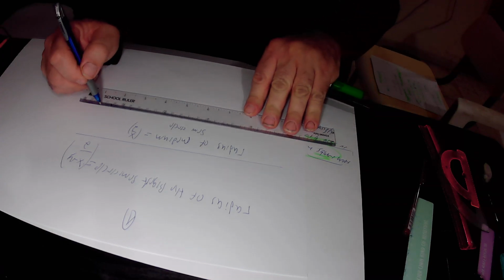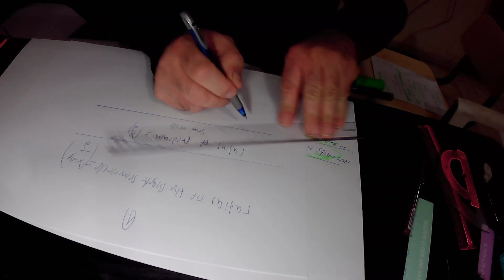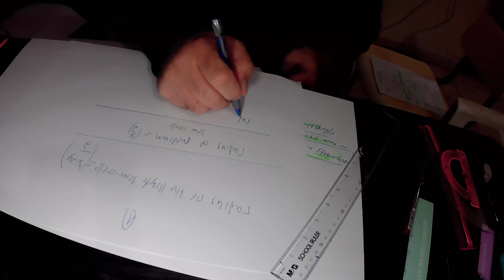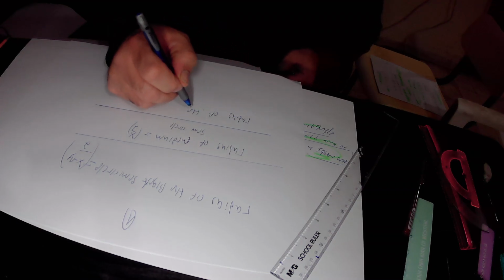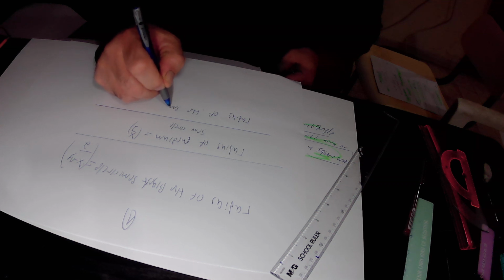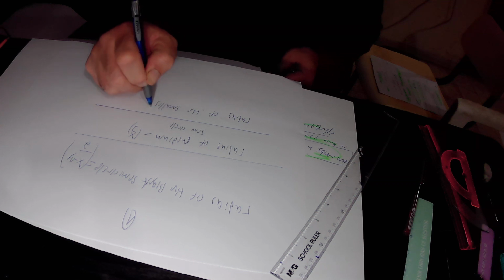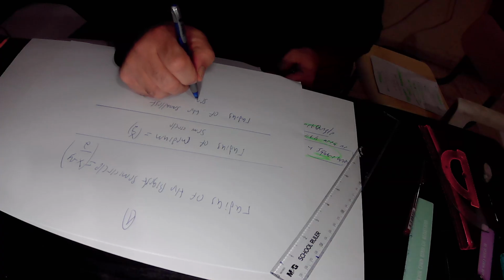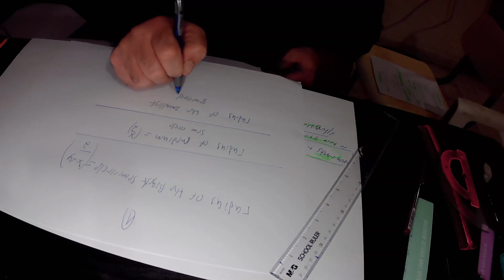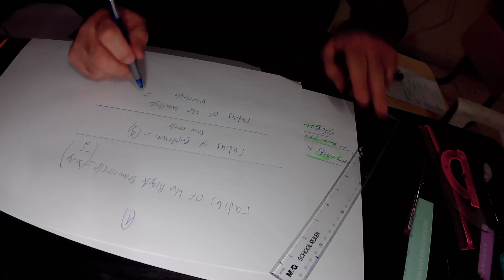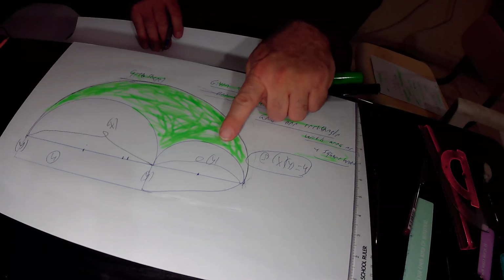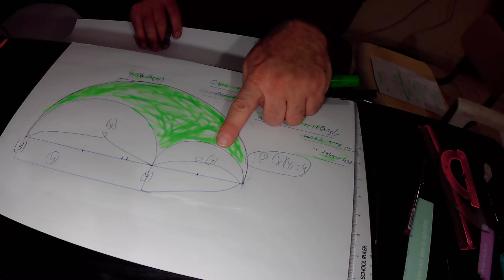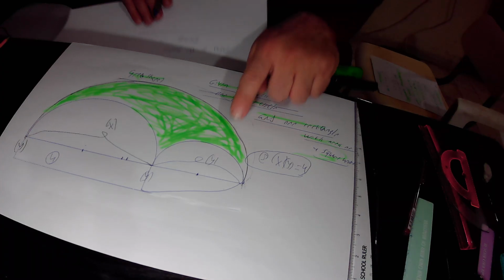What is the radius of the smallest semicircle? The radius of this smallest semicircle equals the diameter over 2. That is to say, it is y over 2 units in its length.